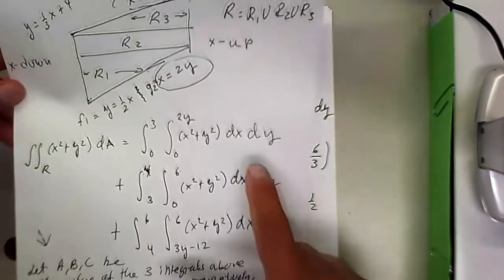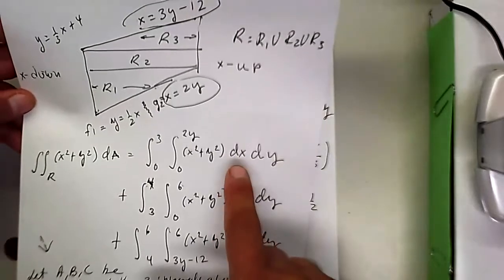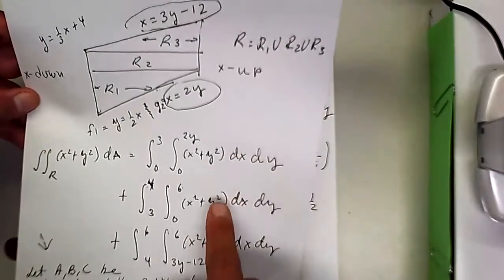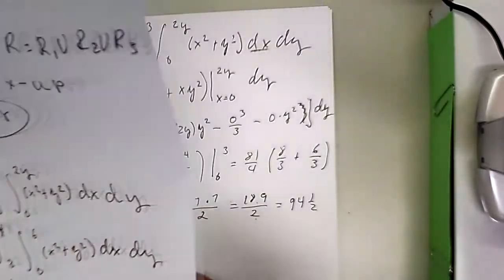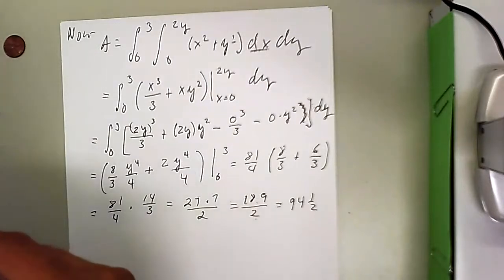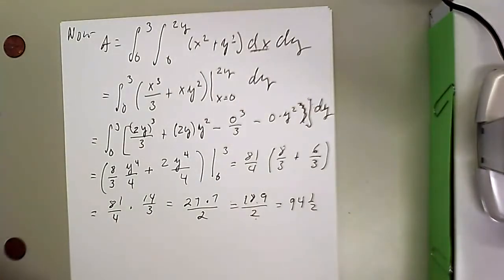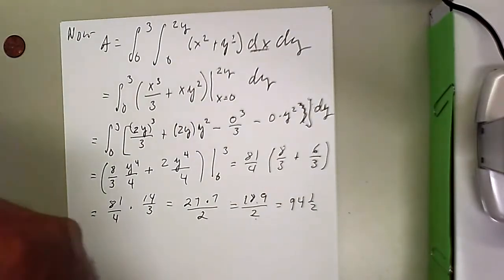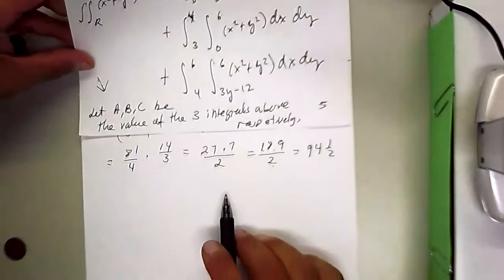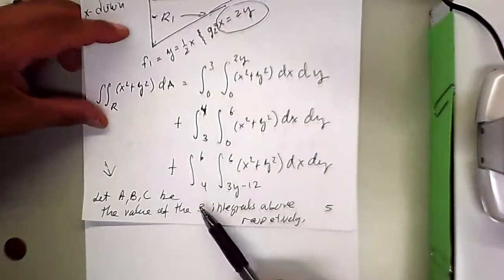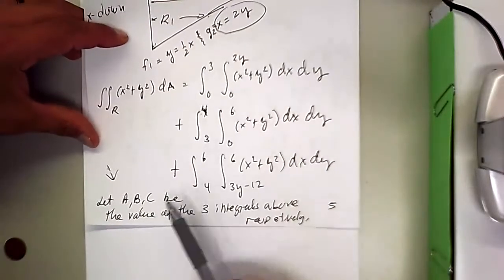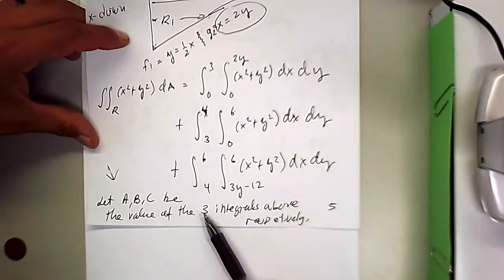Out of the 3 integrals, we have knocked 1 down and we've got 2 to go. Let's copy the second integral. So B, because we said back here that those integrals are going to be A, B, C respectively.